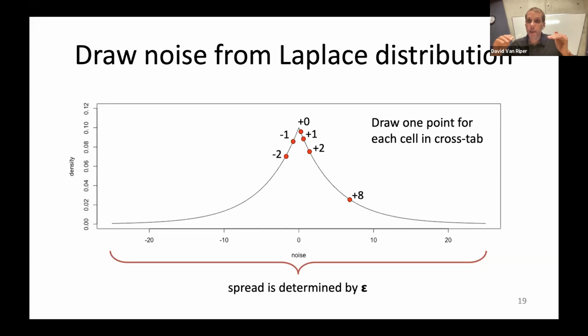So the smaller the value of epsilon is, the larger the noise that gets injected into counts tends to be. And the larger that epsilon is, the smaller the magnitude of the noise that gets injected into the count. So high epsilon means more accuracy, less noise. Low epsilon means higher noise and lower accuracy in terms of the counts that are published.